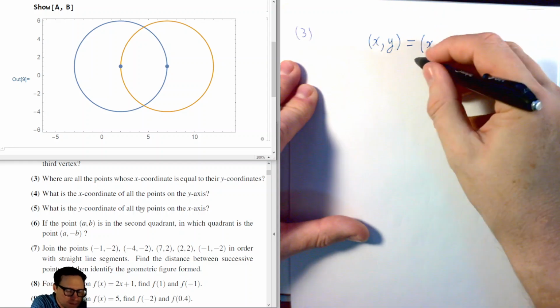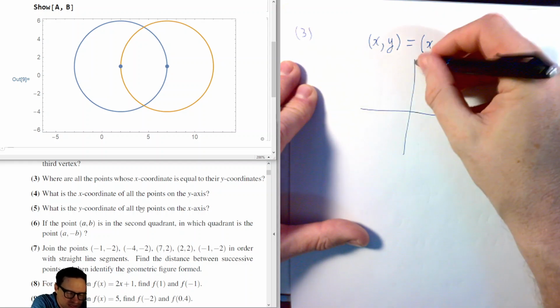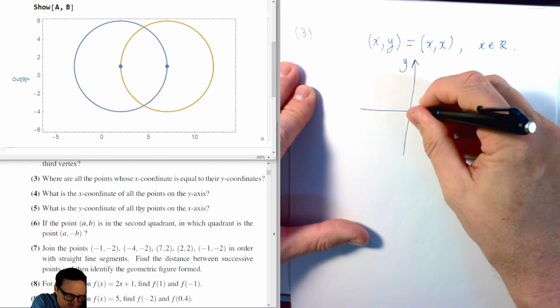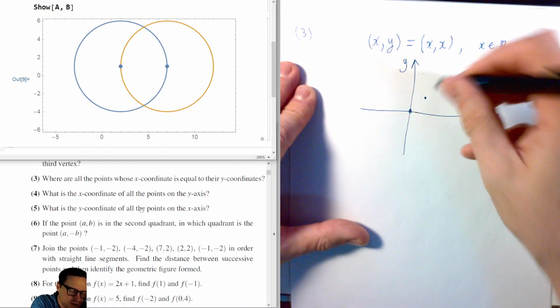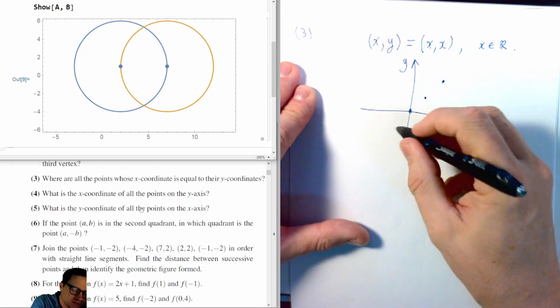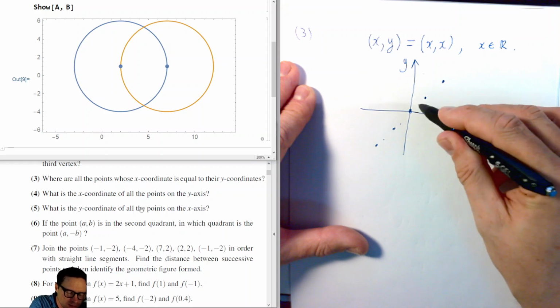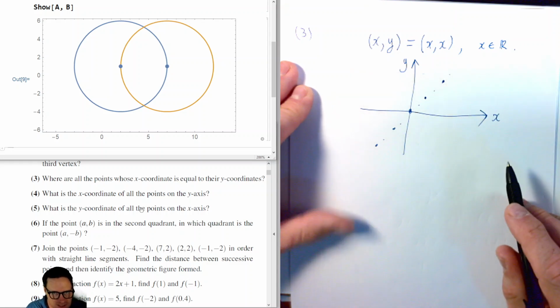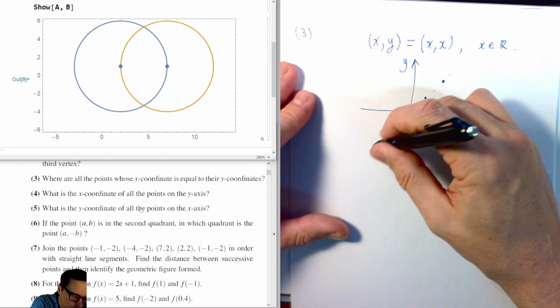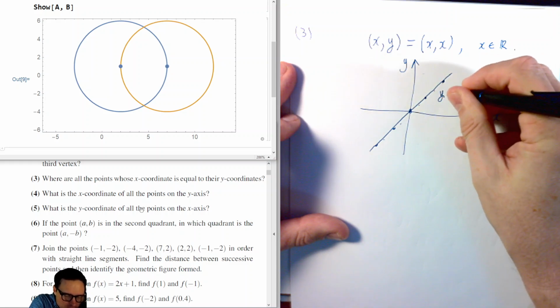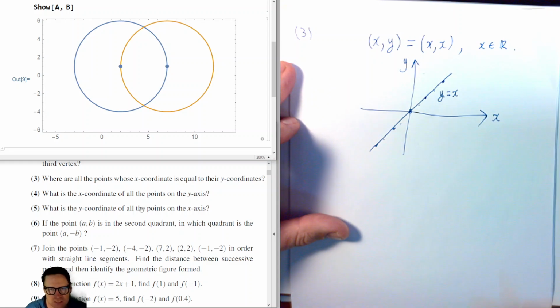But thinking about the possibilities here, well, that's true for (0, 0), it's true for (1, 1), it's true for (2, 2), it's true for (minus 1, minus 1), it's true for (minus 2, minus 2), and every point in between. And so you can clearly see that this is the equation y equals x. So we have a line y equals x.